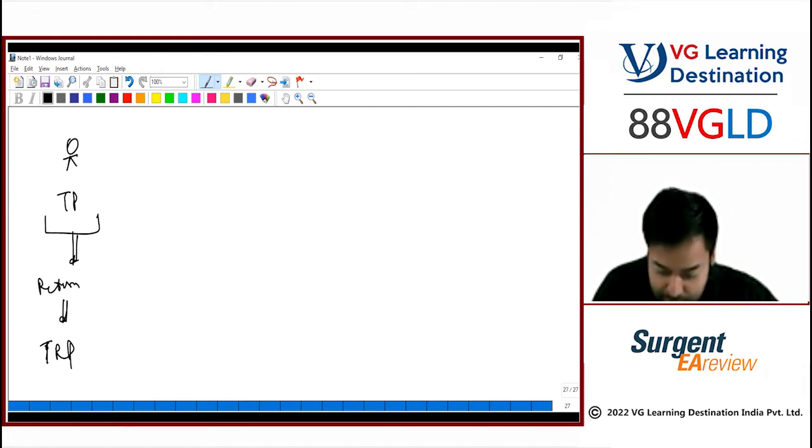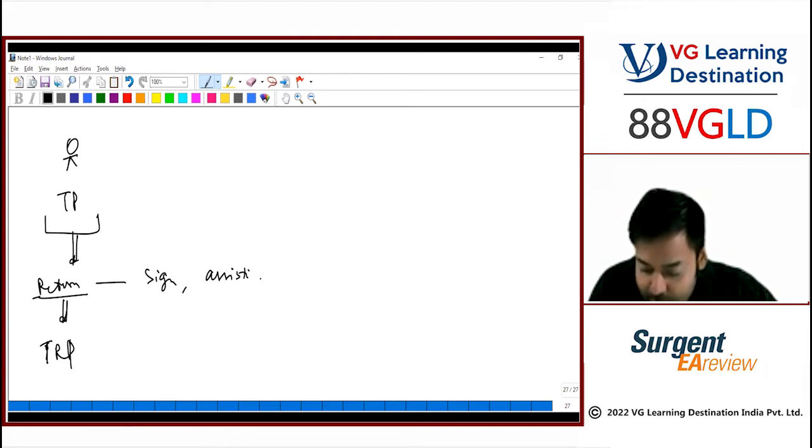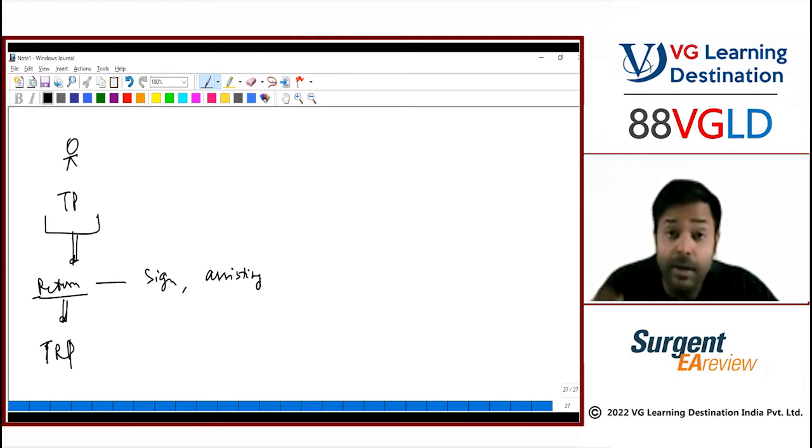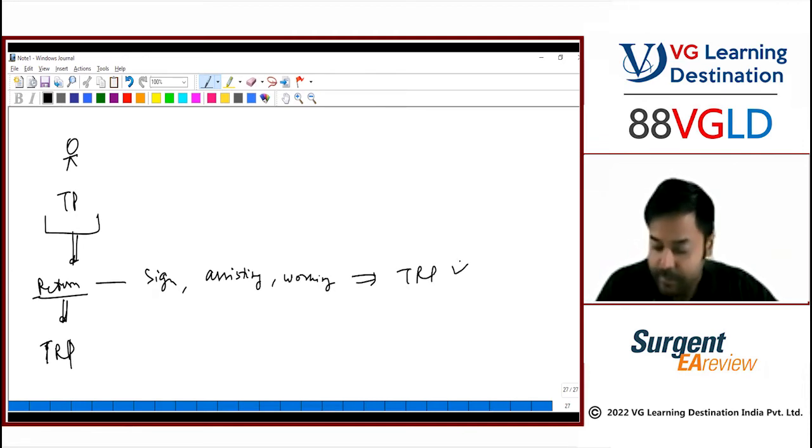So it's not necessary that only the person who signs is the TRP. Anyone who is signing, anyone who is assisting, anyone who is working on it can be classified as the TRP. Is that point clear, guys?